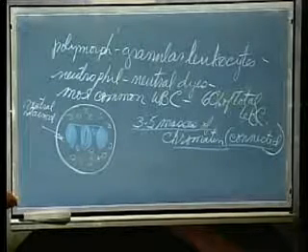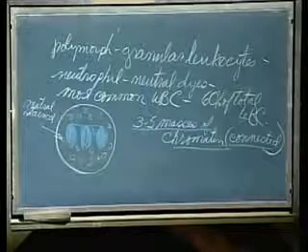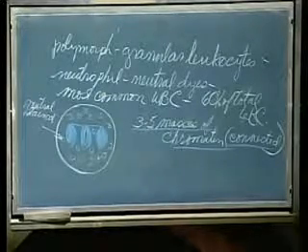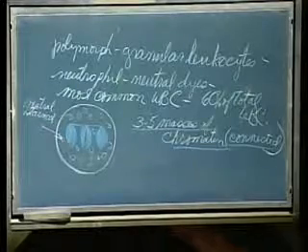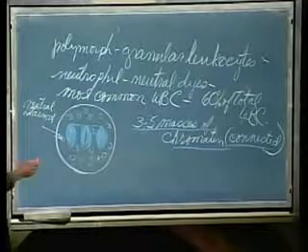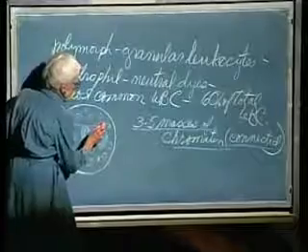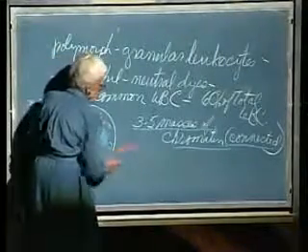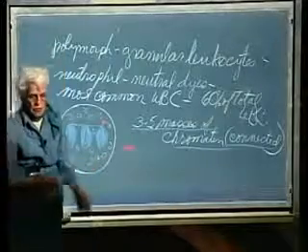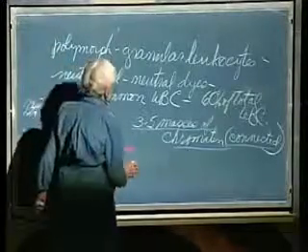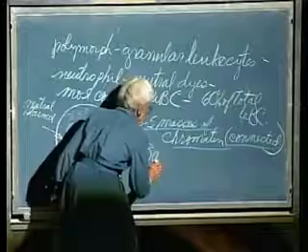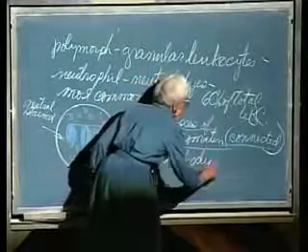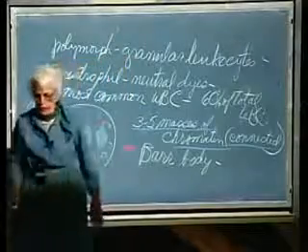And what do we see attached to the female chromatin? A little body here. This is called a bar body. It's seen only in the female. What does it represent?